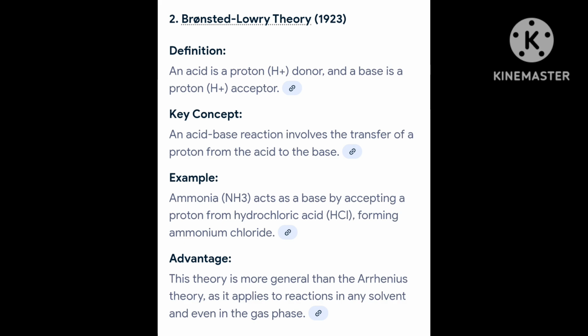In the Bronsted-Lowry theory, the acid is the H+ donor and the base is the proton acceptor, the proton being the H+ ion. The one which donates H+ is the acid, and the one which accepts that H+ is the base. Ammonia NH3 acts as a base, accepting H+ from HCl, and HCl is an acid.